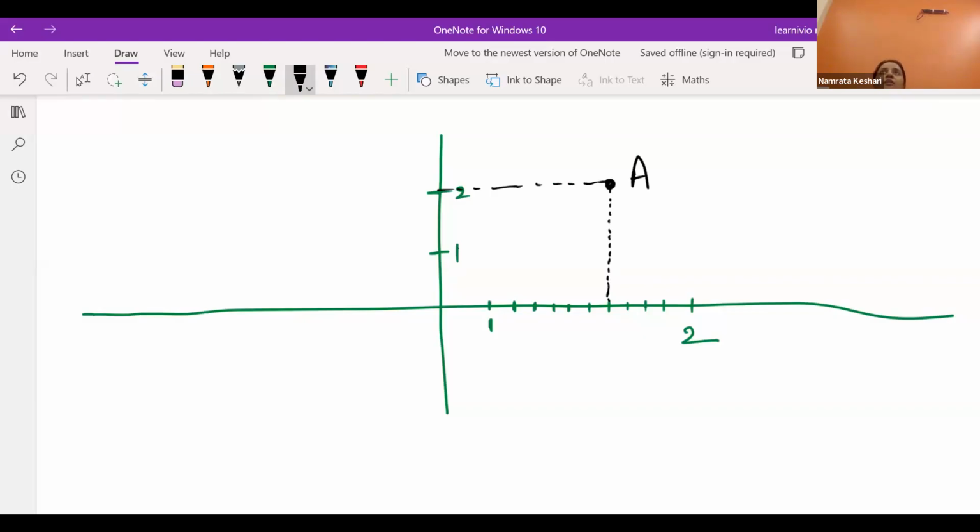Just try understanding that this is graph paper, which is giving you this much clarity. Now you will be able to count it. After 1, it is 1.1, 1.2, 1.3, 1.4, 1.5, 1.6. Are you getting it?